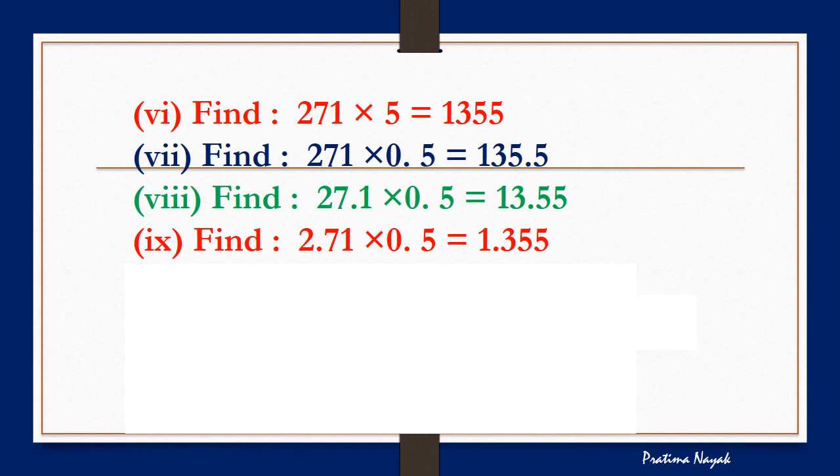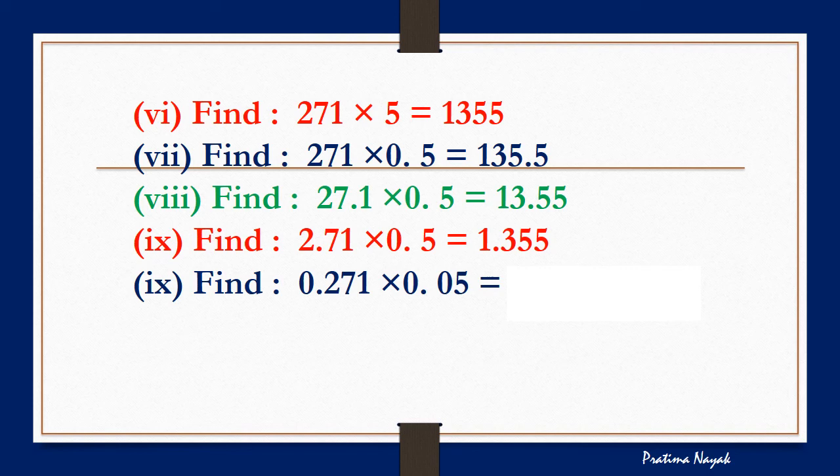For the third one there are three, 1, 2 and 3, so we leave three places after the decimal. But the digits of the result will be the same. 271 into 5 is 1355. The result will not be different. Only the decimal point will shift according to the number of digits after the decimal in both the numbers.